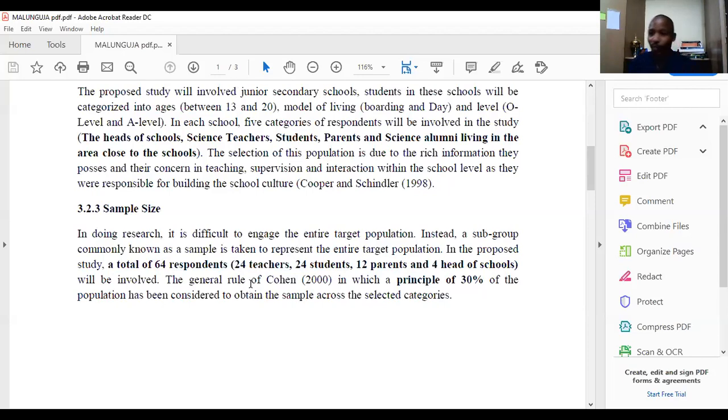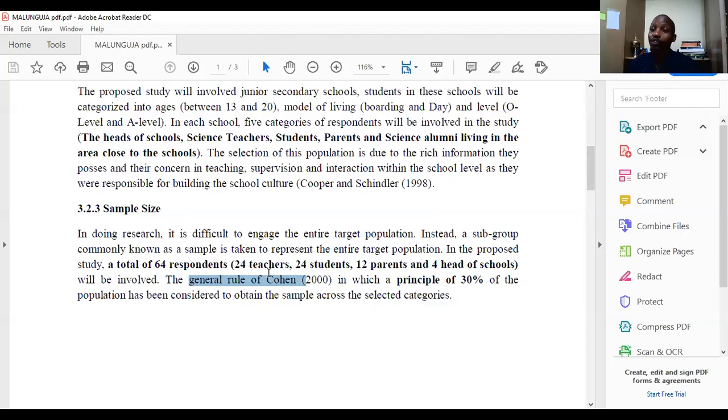How did he come up with these numbers? The general rule provided by Cohen 2000 was considered in deciding the number of respondents, where he believed that 30% of the population has to be considered in the sample across the selected categories. Based on the sampling style, this will determine the size of the sample.